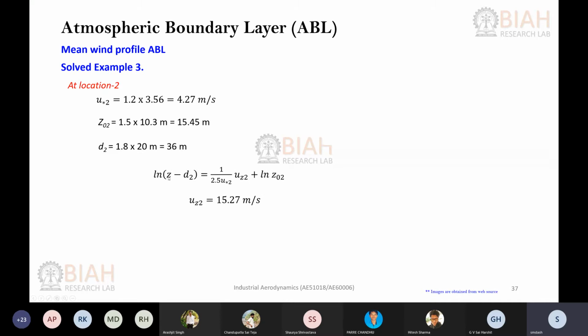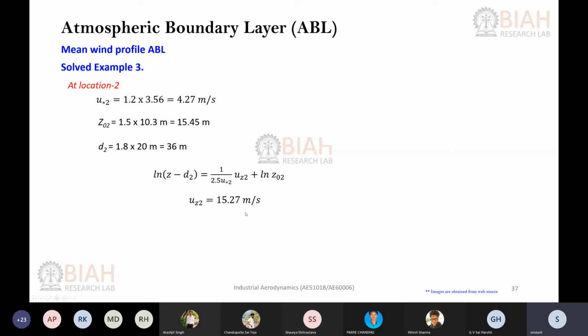Substitute the other values and we find uz2, this velocity value, which comes to around 15.27 meter per second. This is what I have obtained. If any of you have tried and got it, that's well and good. Otherwise this is the step to follow.